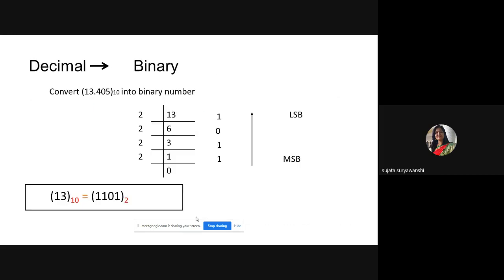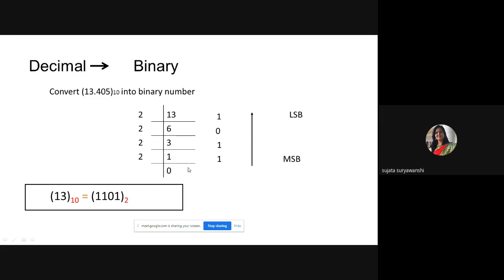Okay. So here your number is 13.405. This number is made up of an integer part and a fractional part. You have to simply divide it into two different parts, integer and fractional, first. Now consider only the integer part. How is the integer part converted into binary using the successive division method?